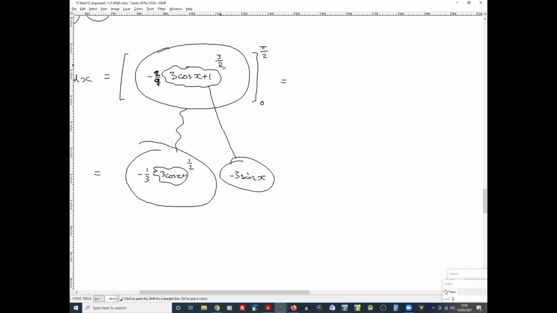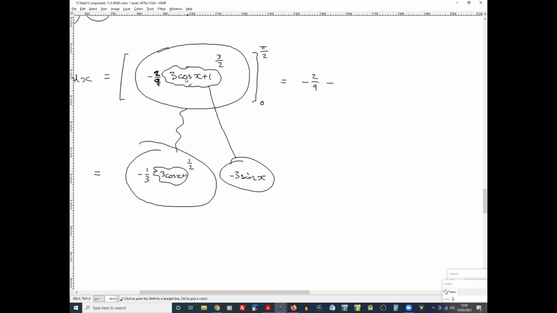To the power of 3/2 is still 1. Times minus 2/9 is minus 2/9. It's just minus 2/9. Because that was 1. That's what we were doing, isn't it? And then minus the 0 version.